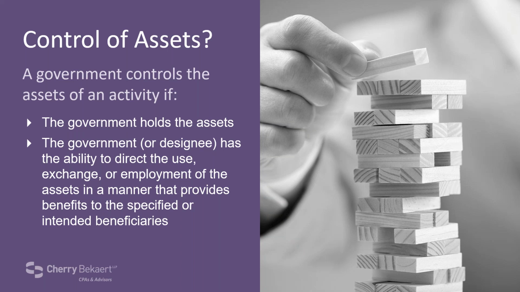Now, a government's control of an asset is not affected by the presence of legal or other external restrictions. Governments already may control assets that are restricted, and control is also not affected by the appointment of a designee to act on the government's behalf. So hiring an administrator to collect, invest, or provide the assets to the beneficiaries does not negate the government's control.